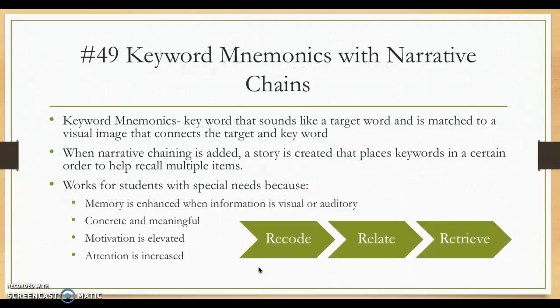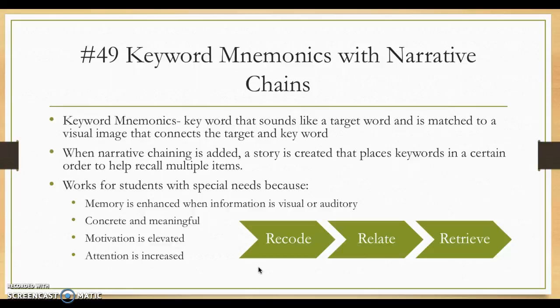In Chapter 10 of Inclusion Strategies for Secondary Classrooms, two different kinds of mnemonics are mentioned, the first one being keyword mnemonics with narrative chains. So keyword mnemonics are memory strategies in which a keyword sounds like a target word and is matched to a visual image that connects the target and the keyword. When narrative chaining is added, a story is created that places keywords in a certain order to help recall multiple items.